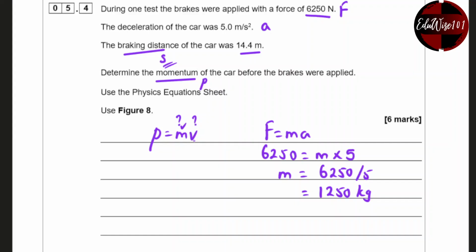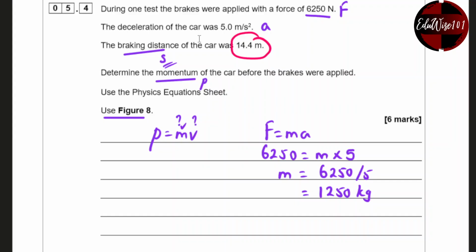I need to figure out what the velocity is. Now for that I need to use figure 8. In figure 8 I'm going to use this value, which is 14.4 meters. That is the braking distance. So let me change the color. 14.4 meters.